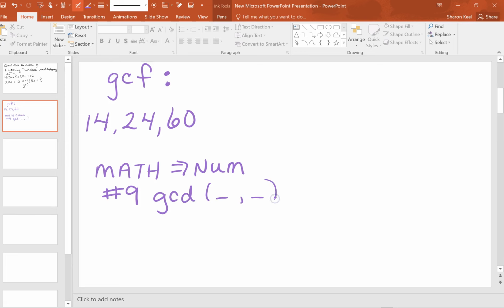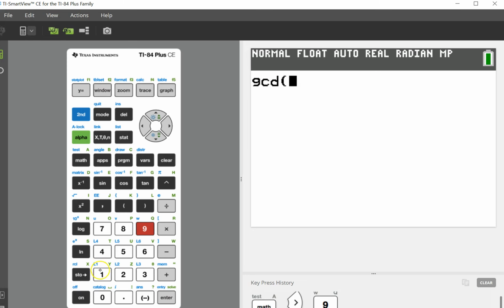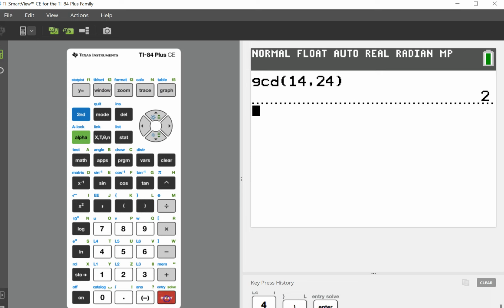Notice we're only going to be able to type in 2 numbers at a time. Our first 2 numbers are 14 and 24. So I'm going to type in my 14, the comma, and a 24. If I tried to type a third number, I would get an error. I press enter. Their greatest common factor is a 2.